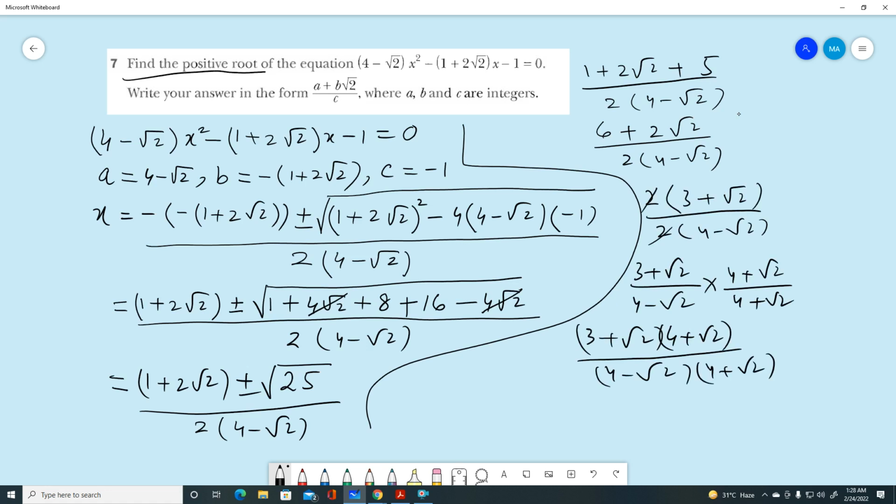Now multiply these two numerators and the denominators. 3 fours are 12. 3 root 2 is 3 root 2. Root 2 into 4, 4 root 2. Root 2 into root 2, root 4.